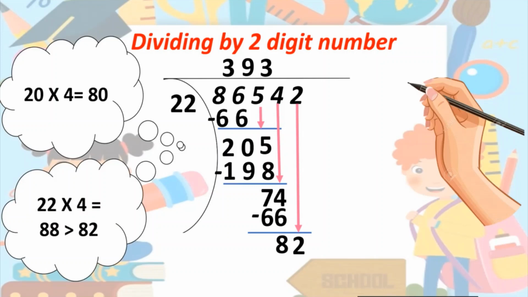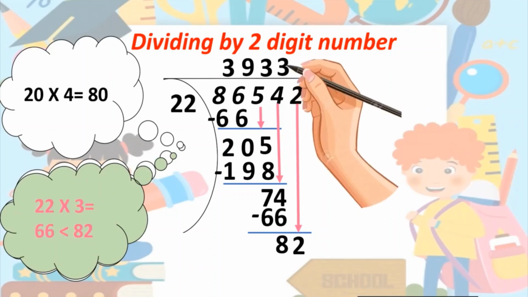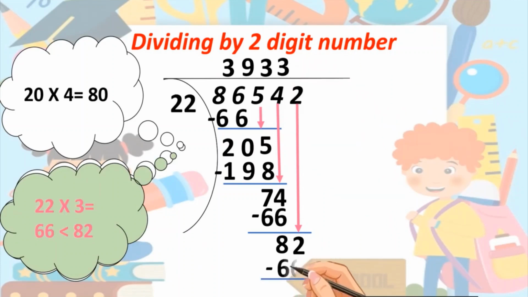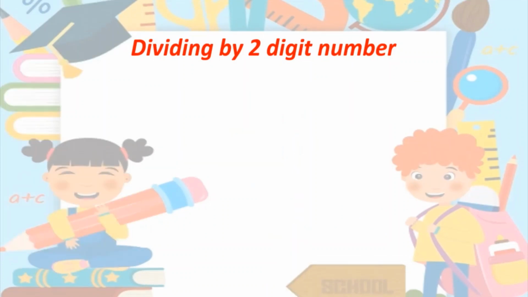So 22 multiplied by 3, we get 66, which is less than 82. So we proceed. 22 multiplied by 3 is 66, and we are left with the remainder 16. So here the quotient is 3933, and the remainder here is 60.